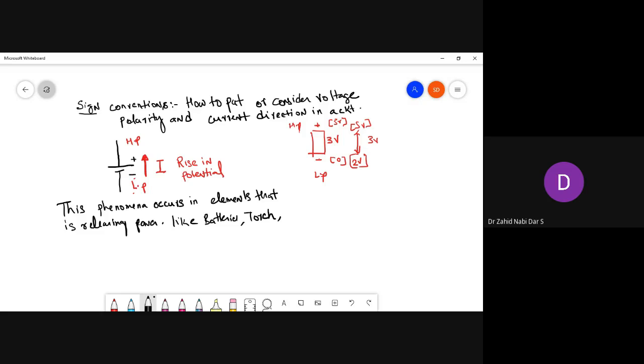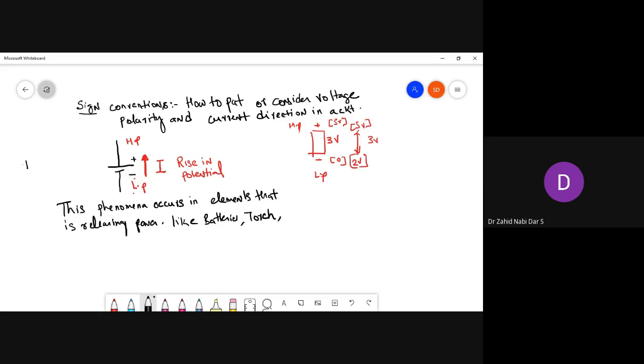So usually what happens is that when you are applying KVL, KCL, you will take an arbitrary direction, and then after solving the problem, if it's coming negative, we'll take positive. But what I suggest is that instead of taking an arbitrary direction and solving the problem, let's stick to this. Let's consider the rise in potential as positive direction.